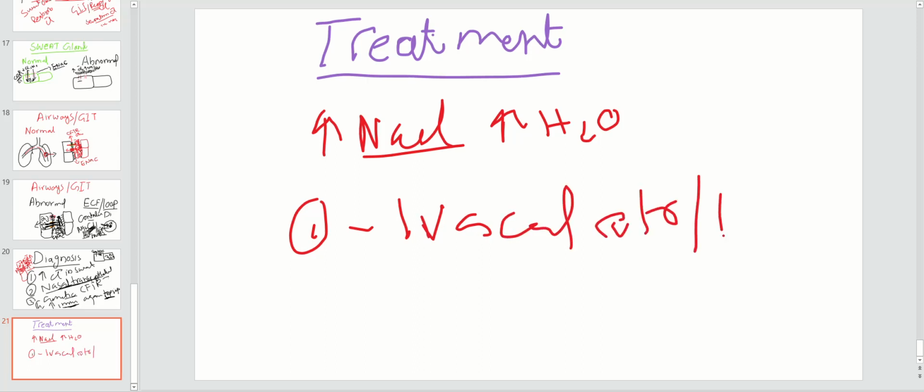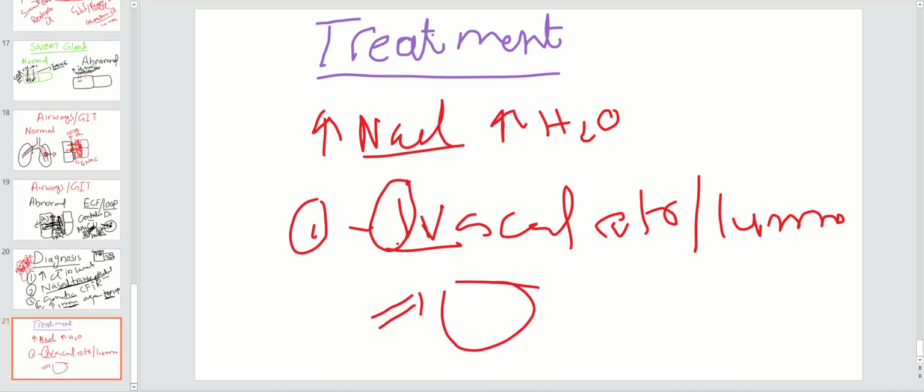I just want to explain this one with a mnemonic: ivacaftor has an I. So what does it do? It promotes the chloride channel to the cell membrane of the cell. So ivacaftor, I, transports the ion channel or the chloride channel, opening the chloride channel. And lumacaftor has a lu, that is lumen.